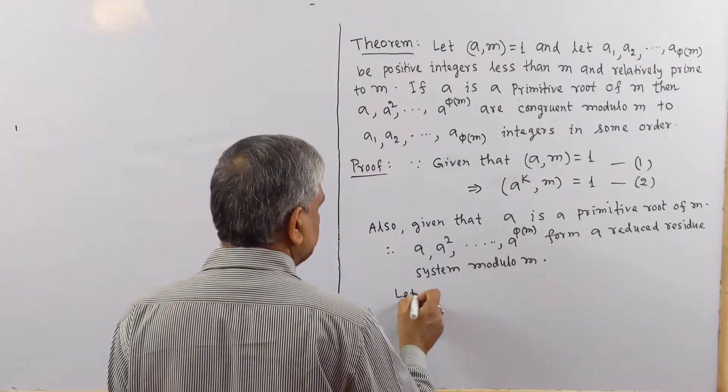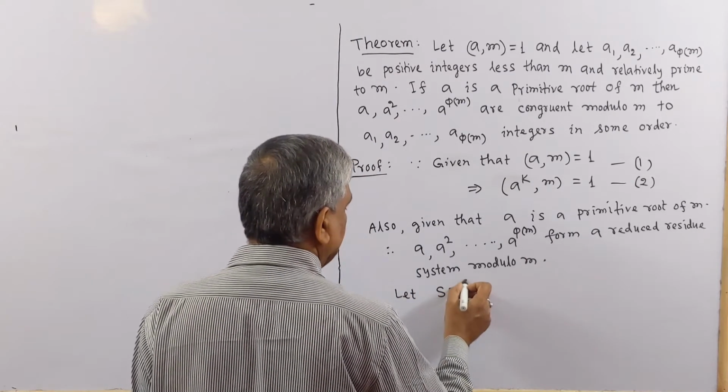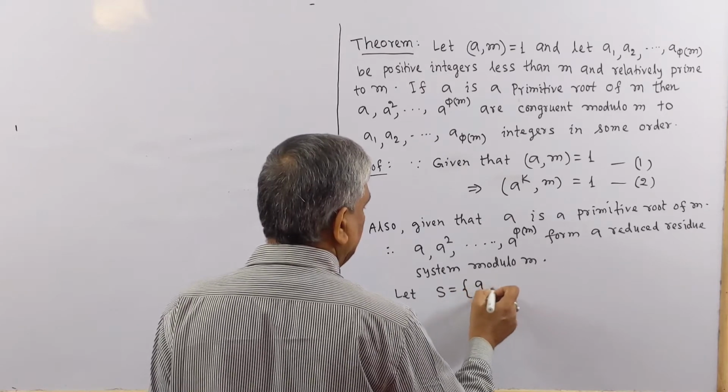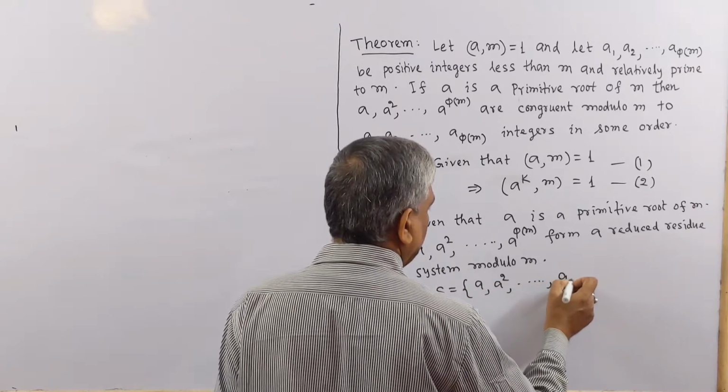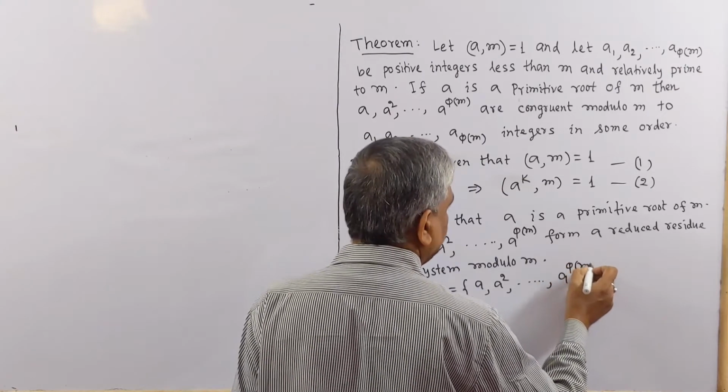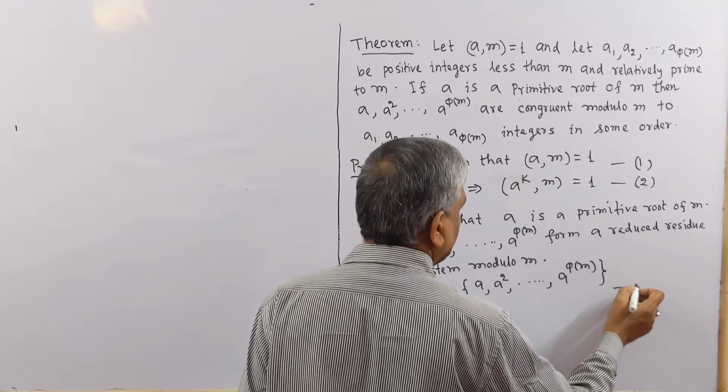Let S is a set containing these integers a square, comma, dot dot dot, a to the power phi m. Let this is number 3.